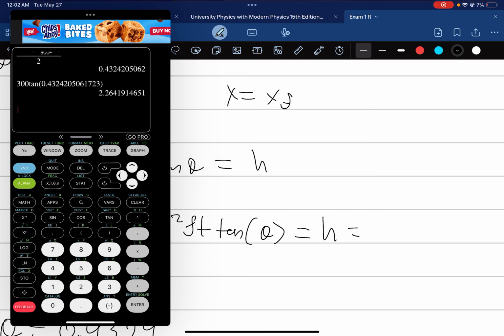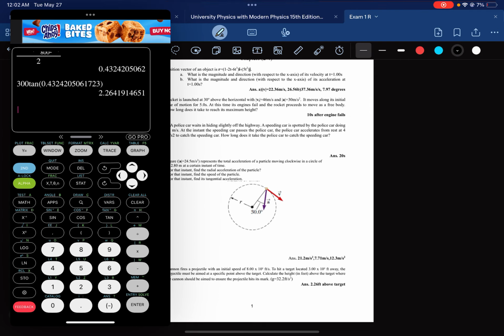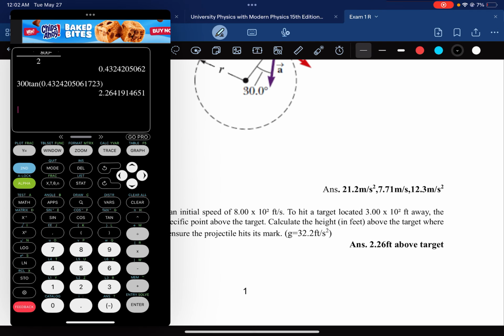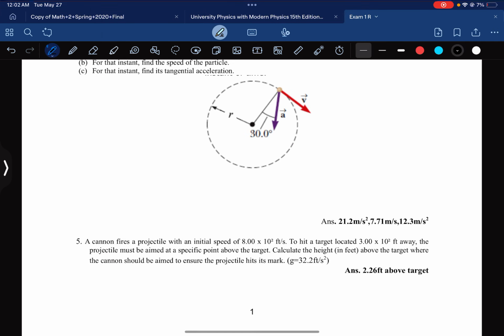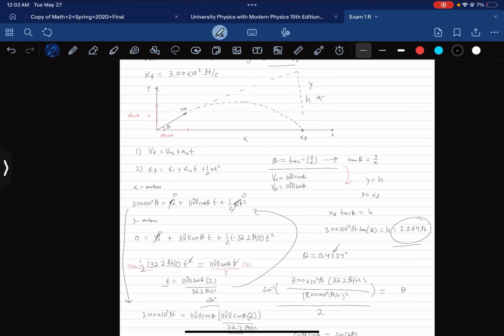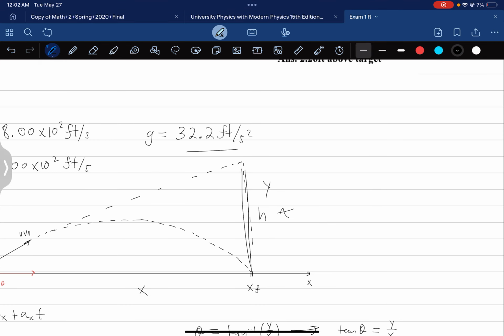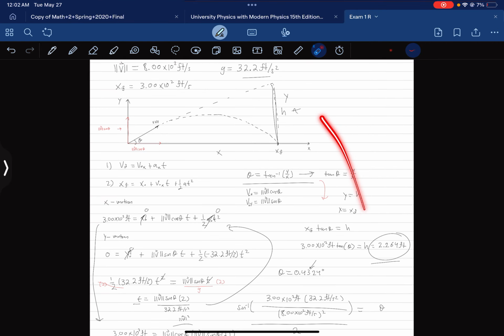So our height is 2.264 feet, which matches the correct answer, technically speaking. The correct answer is 2.26, and we got 2.26 feet above the target is where the cannon should be pointed, right here. That's our height, and we found our height right here.